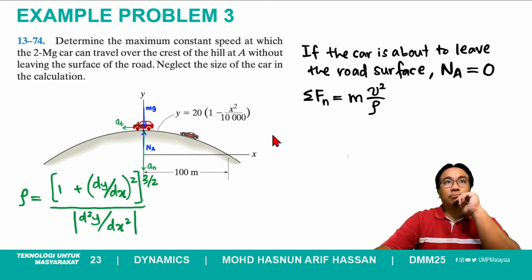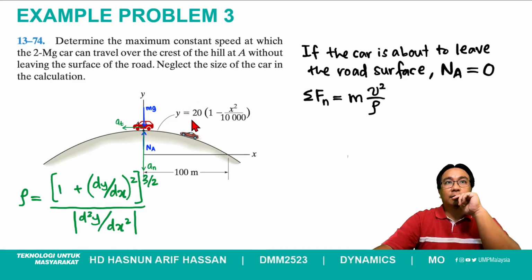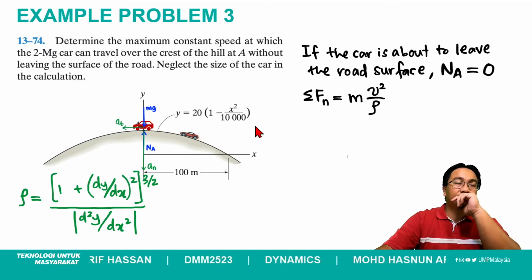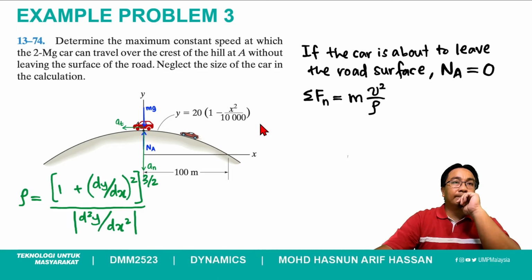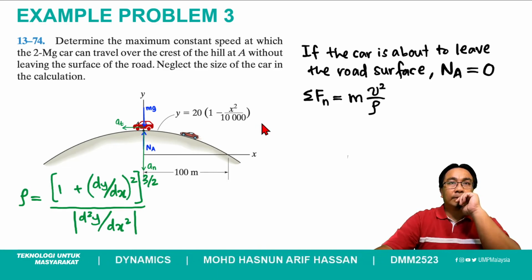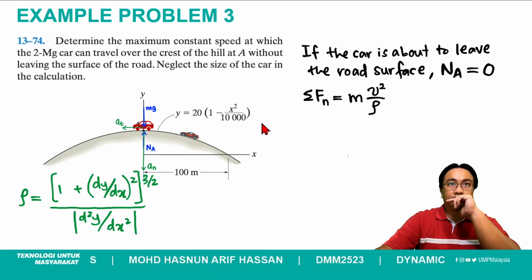How much? If you differentiate this function, dy over dx, what will be on the right hand side? Sir, is it 0? What do you mean 0? The value of dy dx.